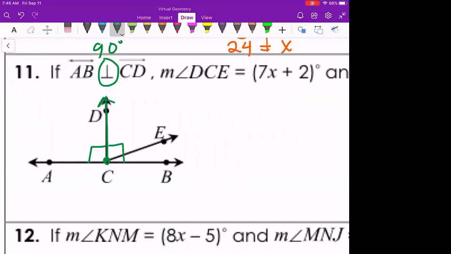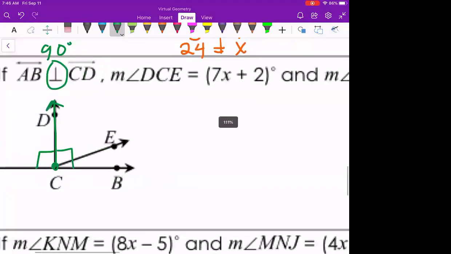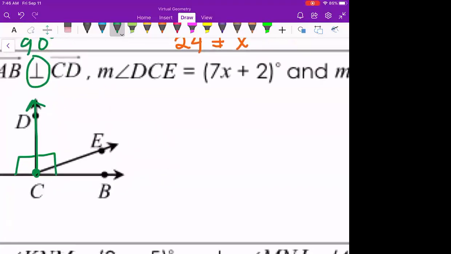And you can think about it, if you have your right angle box on the left, I also have it on the right. So it doesn't matter which side we draw it on, but I automatically get it on both. All right, so let's keep going with our information. The measure of angle DCE, so D to C to E, that's this space up here, is 7x plus 2.